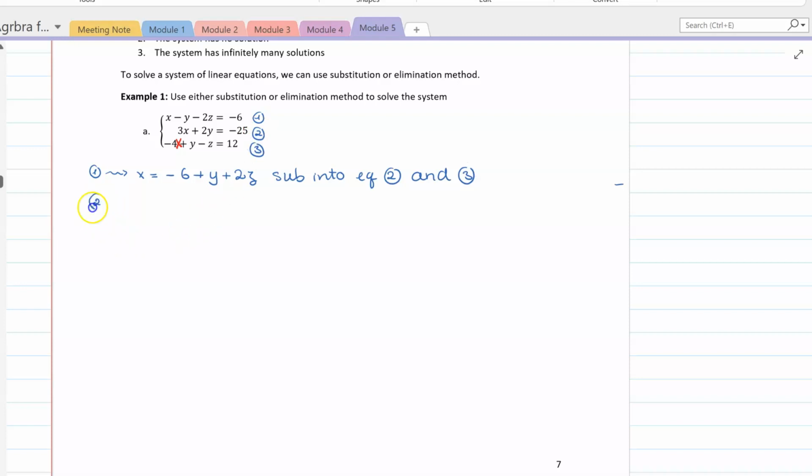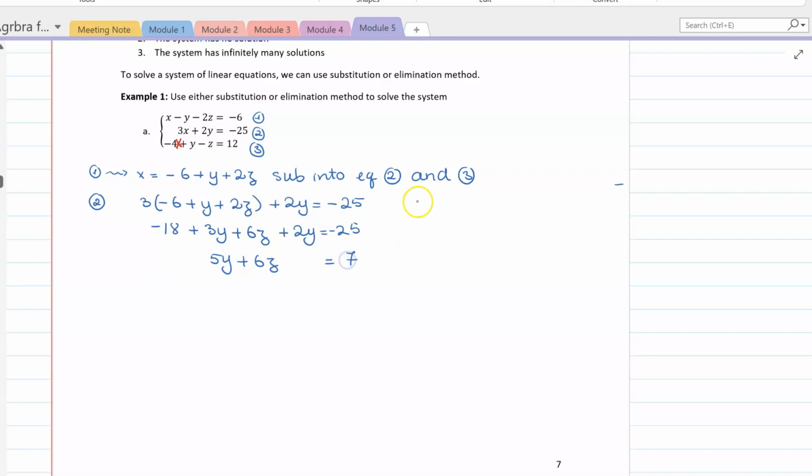So equation 2 now becomes, and equation 3 now becomes, and we will simplify this.